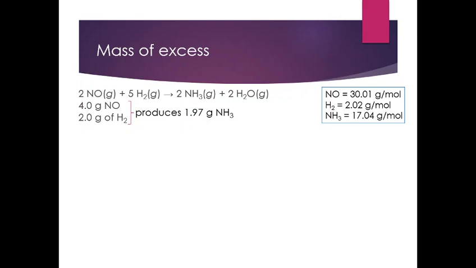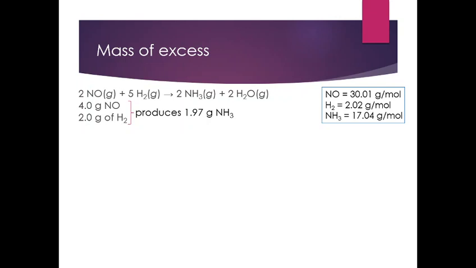For this particular case and the previous ones, I talked about moles to moles. But here I'm giving you 4 grams of NO, and I'm also giving you 2 grams of H2, and I'm telling you once you mix these two things together, you're going to create 1.97 grams of NH3. And so, 1.97 grams of NH3 is an indicator of which one of the products you want to convert both of these into.